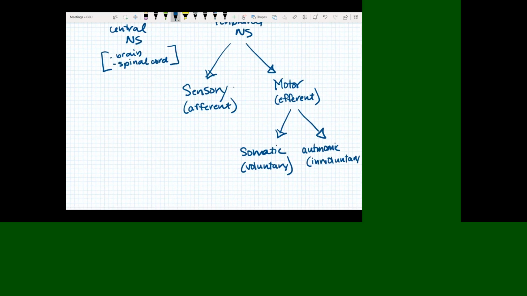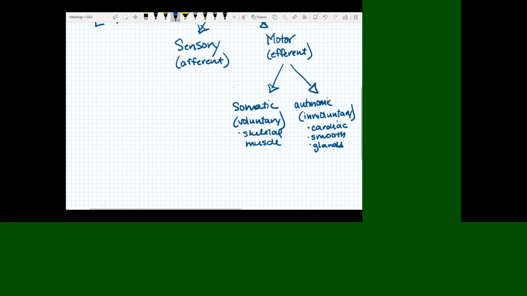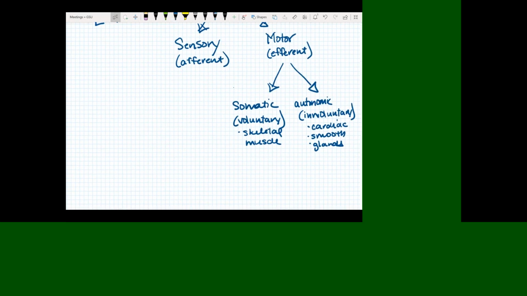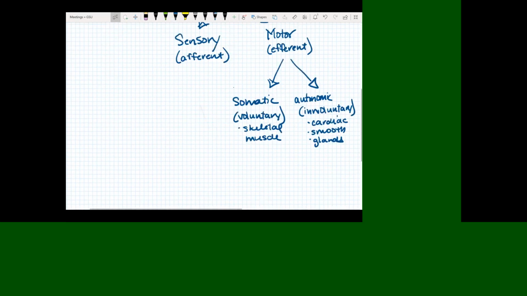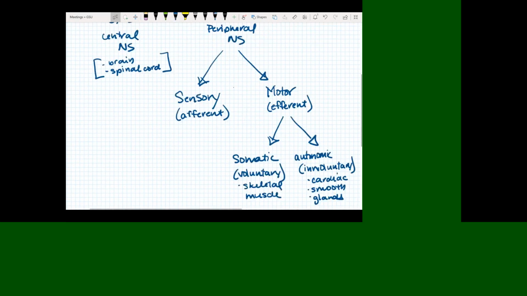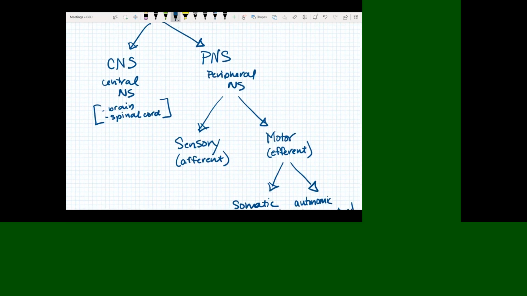So within your motor branch of your peripheral nervous system, you've got your somatic or your voluntary. This is your skeletal muscles. And then your autonomic or your involuntary, which is going to be your cardiac muscle, your smooth muscle, and your glands. So you're going to have somatic and autonomic. Your autonomic will actually break down a little bit further, but for this class, we're going to just focus on these right here.